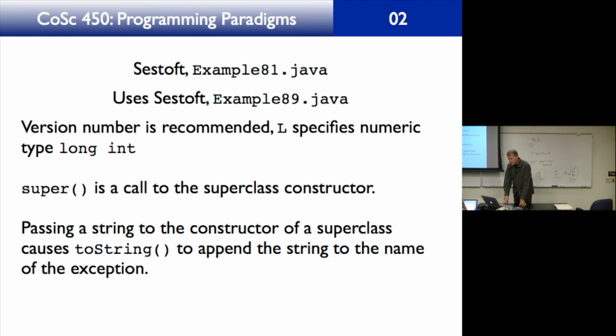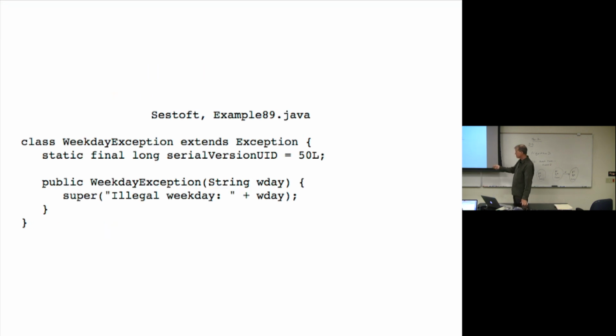All right, we were going to illustrate this with example 81, and last time we already looked at the details of this weekday exception, which is an exception created by the programmer. We saw that super is a call to the constructor of the exception, and it concatenates this string to the toString whenever we output the exception.